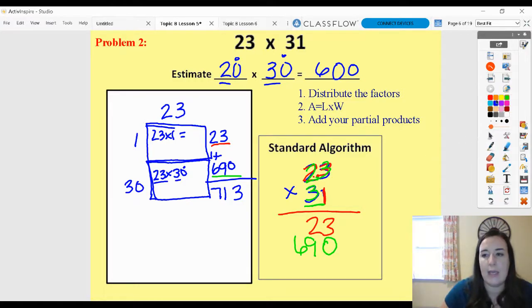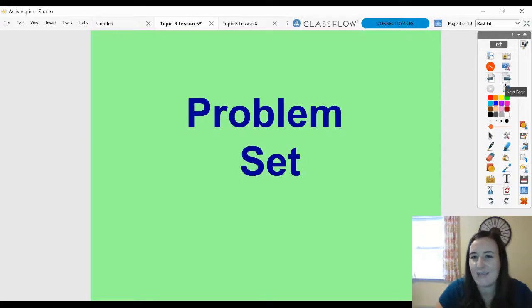And now I'm going to go ahead and add them all together. Add my partial products, 3, 9, 10, 11, 6, 7. So I end up with the same answer, or the same product, I should say. 23 times 31 is 713.